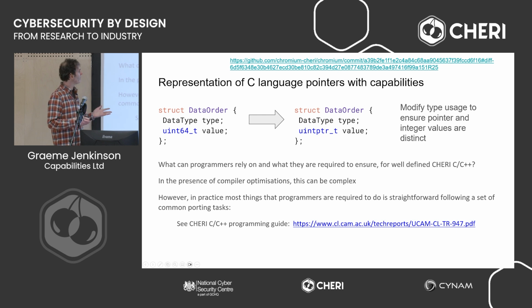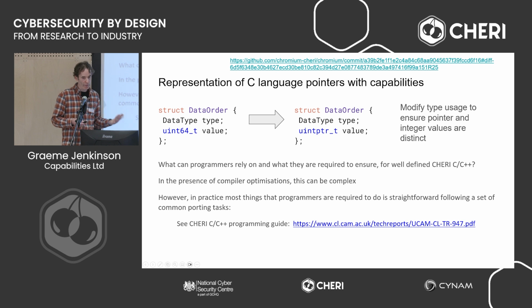So more generally, what you kind of want to know as a programmer is, what can I rely on? What will the compiler just do for me? And what do I have to do? Here there was something that I had to do to make it work for me and to make well-defined CHERI C and C++. Now the answer to that in terms of formal semantics is a little bit complicated, and that's because you have compiler optimizations. So compilers can do all sorts of magical and funky things, and they can optimize things, and they can make things not happen.